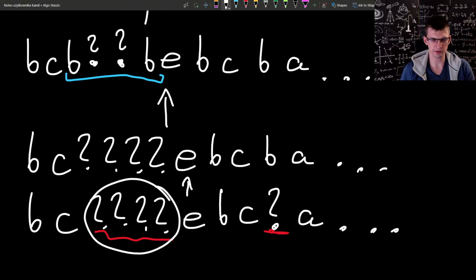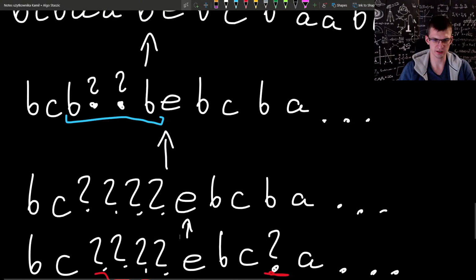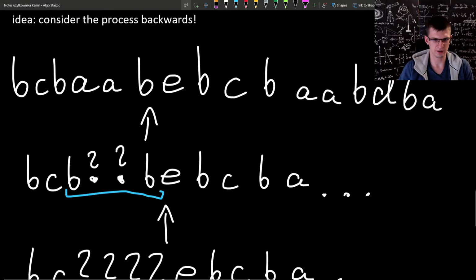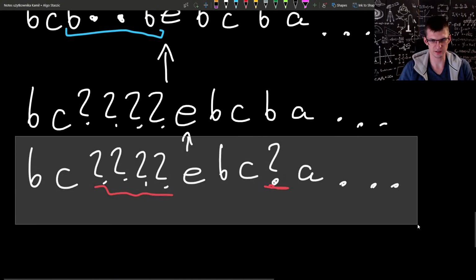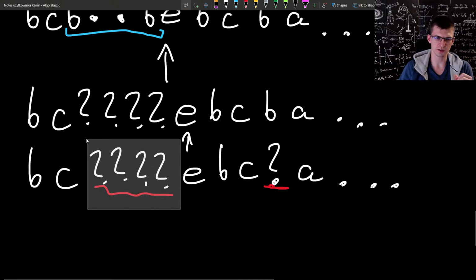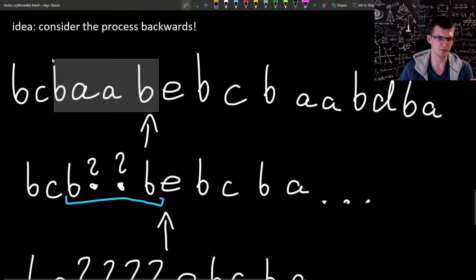Of those two intervals of question marks, apparently in those last few operations, I changed that from empty to BAAB. Here we notice the smaller subproblem, a smaller instance of the problem from the statement. If I want to create this and then finish to get the string from the input, I know that this interval of question marks needs to be changed into BAAB.